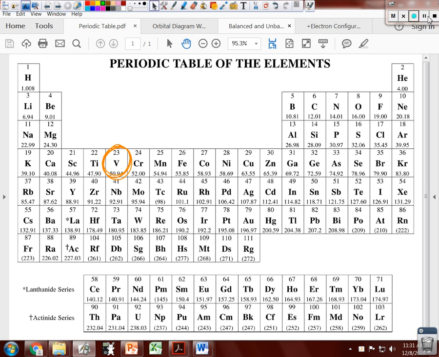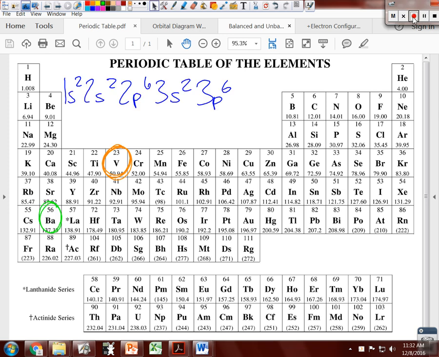If you want to do orbital, go ahead, but I wouldn't draw those arrows. Okay. Again, this is vanadium: 1s2, 2s2, 2p6, 3s2, 3p6, and then 4s2. And finally, the last value would be right here: 3d, 1, 2, 3. 3d3. Okay?